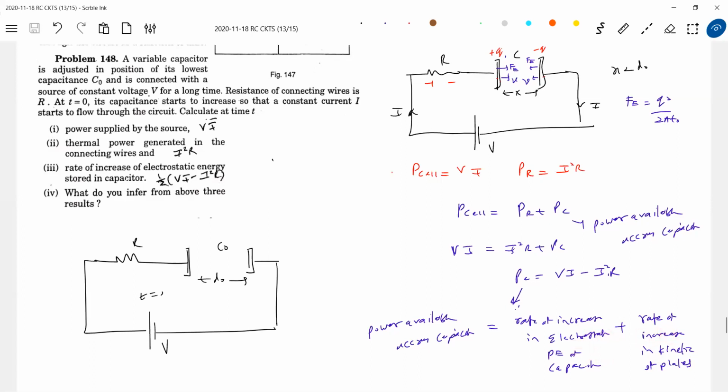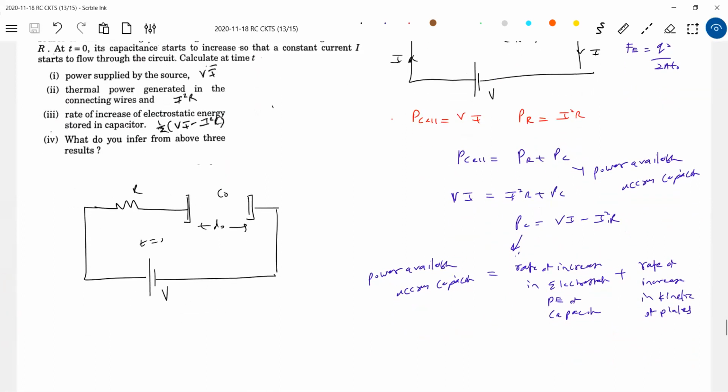You have to go back to the things you learned. These two will be in equal proportion. So therefore, dU by dt, I'll write it. This will be dK by dt.